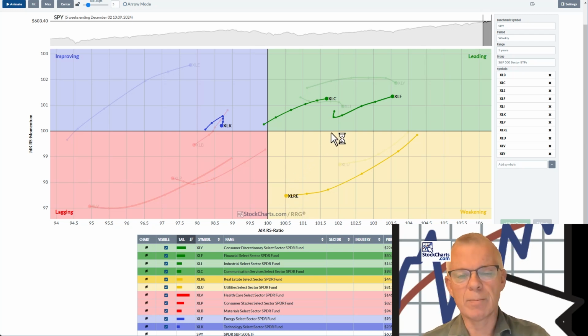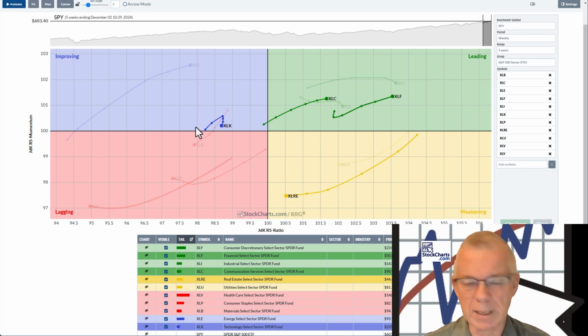So from a reliability point of view, I think that financials is probably the best, and technology as well on the underperformance side. So financials, best, most reliable on the outperformance, technology, most reliable on the underperformance, and then communication services and real estate, a bit of a wild card vis-a-vis each other. Anyway, this is an interesting look.